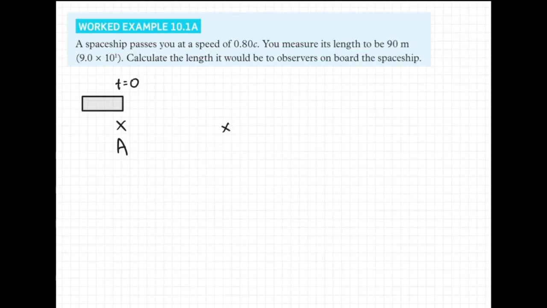And then a second later, at t equals 1, the train has passed you. Who's measuring proper time in that situation? Is the person standing on the train with their clock, is their clock present at both events?